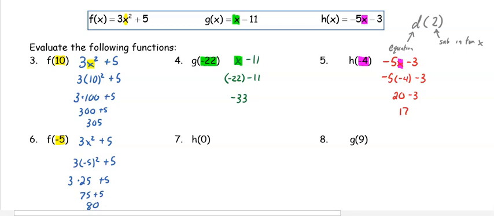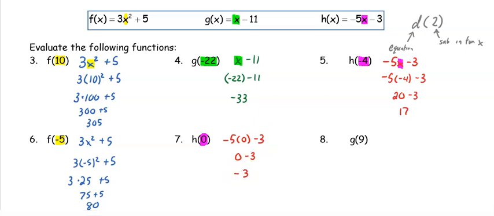In number 7, we're going to substitute 0 in for x in the h equation. So we have negative 5 times 0 minus 3, which would get us 0 minus 3, so negative 3. In our last one, we have g of 9, so we're going to put 9 in for x. So we would have 9 minus 11, which is negative 2.